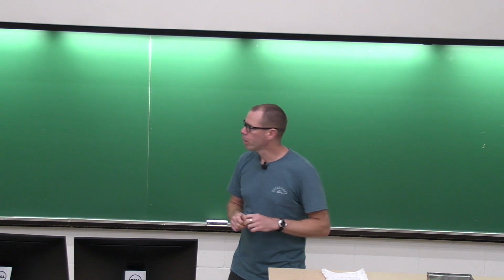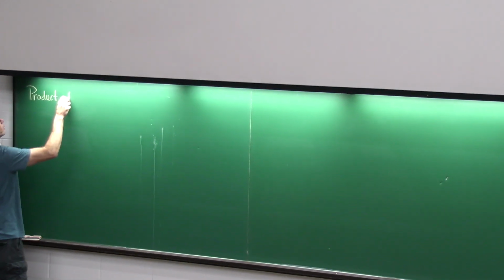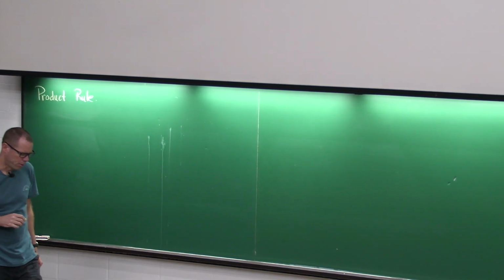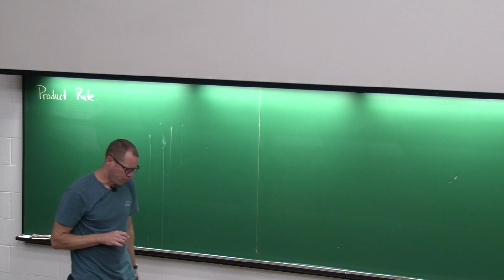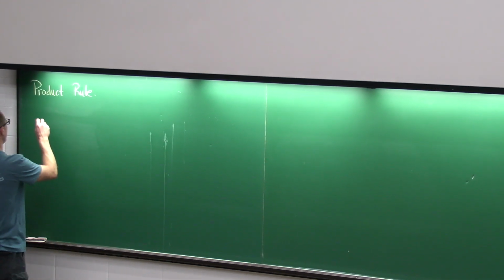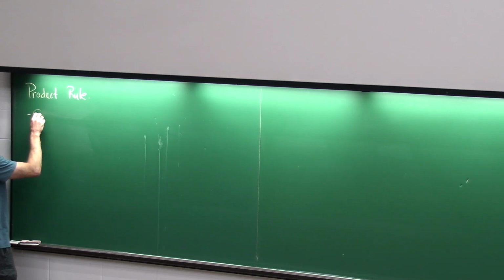And today we're going to focus on two particular rules. The first one is what we call the product rule, or the product principle. And I'll state it semi-formally, which we can do the following way.